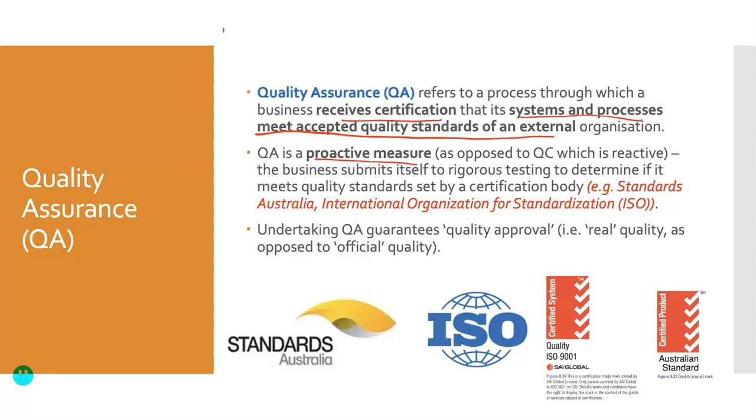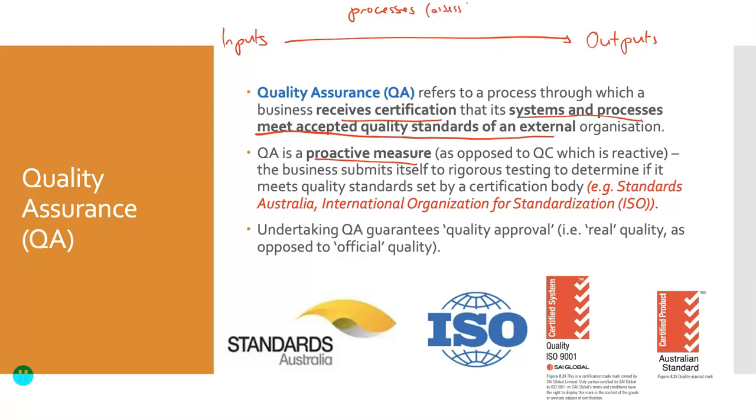And we're going to go back to the same diagram that I did before. Remember, we have inputs to outputs. While quality control was all about inspections throughout this process to pull goods out that are defective, quality assurance is where an external business, which is in charge of assessing the processes, will assess the processes.